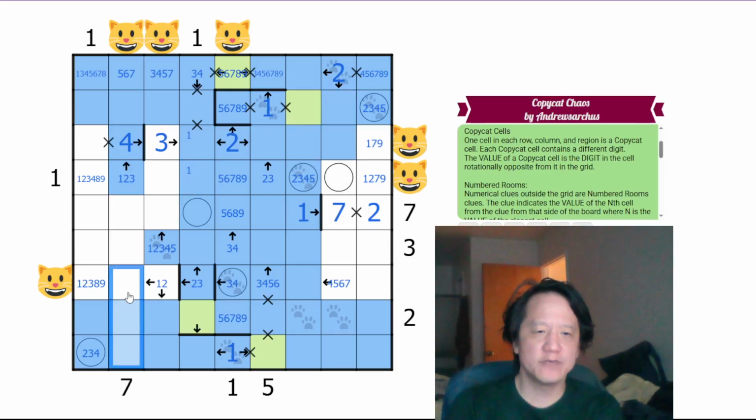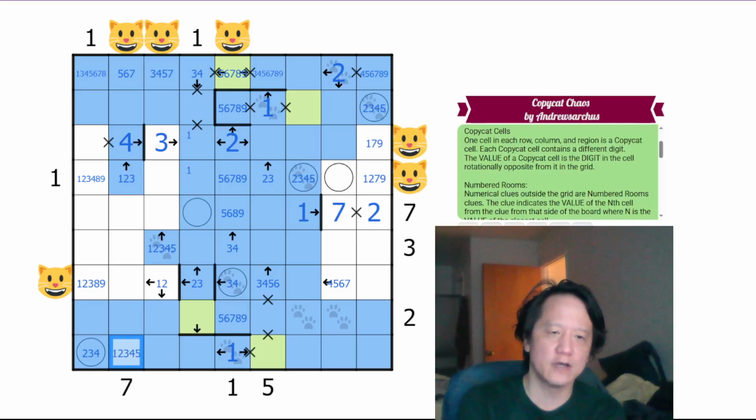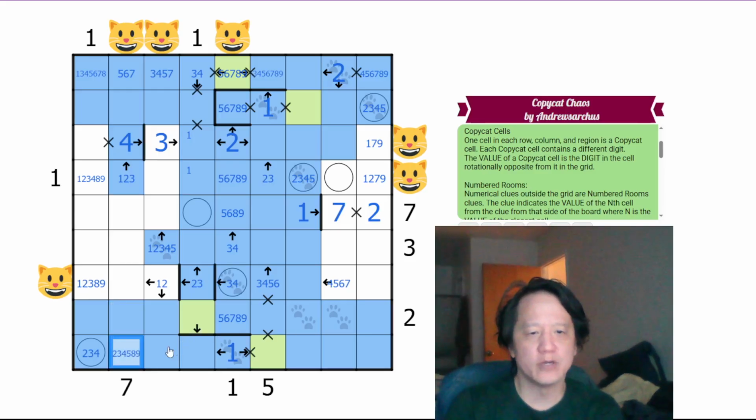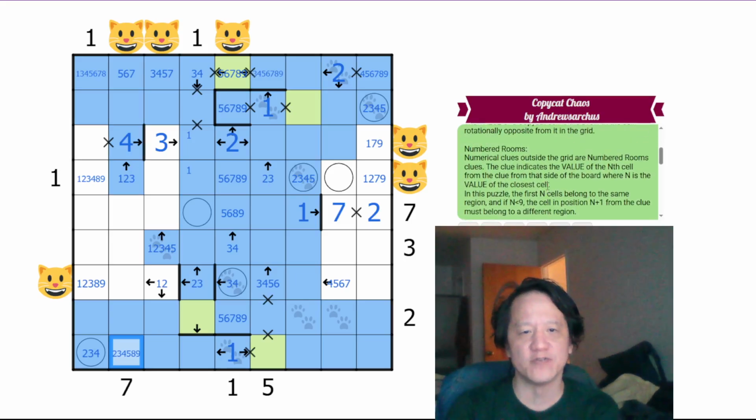We have a 7 somewhere here. It cannot be in 6 or 7. So 1, 2, 3, 4, 5, 8, 9. It can't be 1, because then it would say that the value of that cell would be 1, but then saying that the first cell has to have a value of 7.